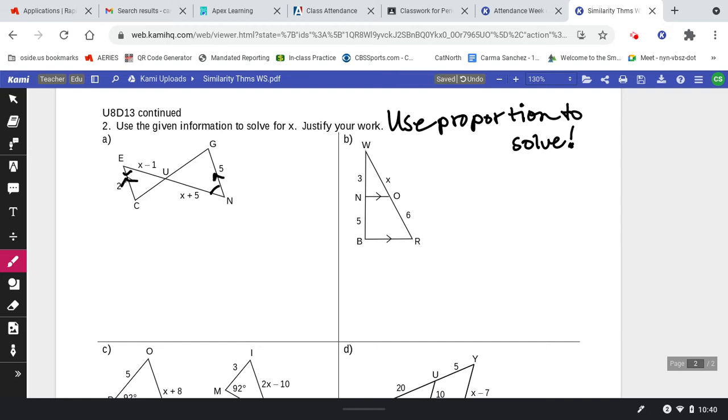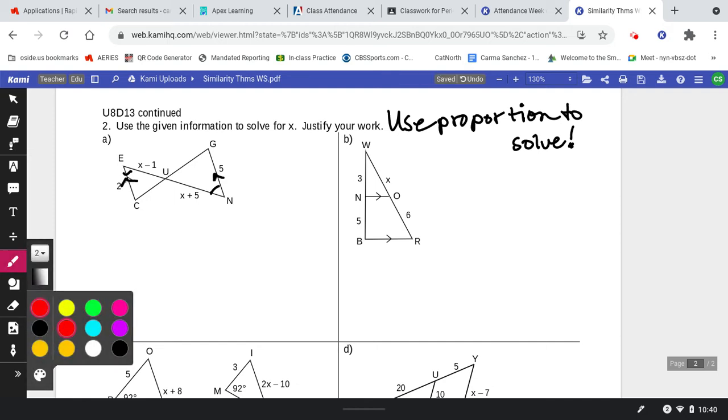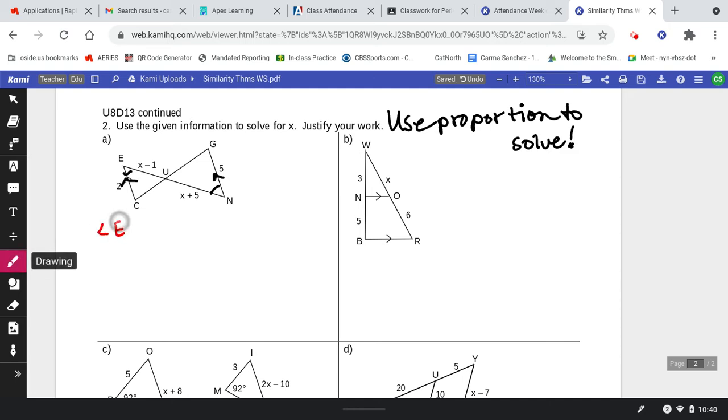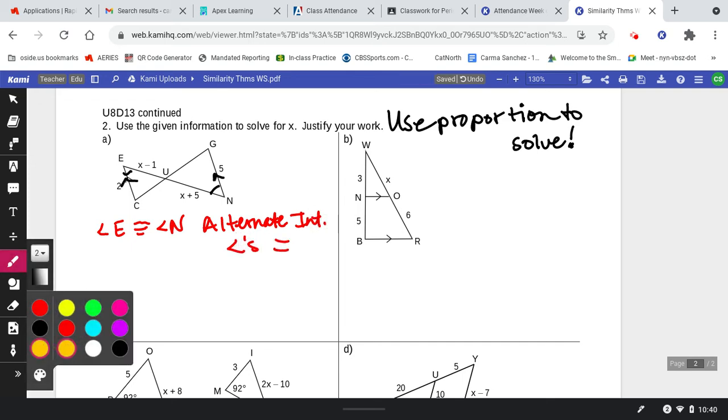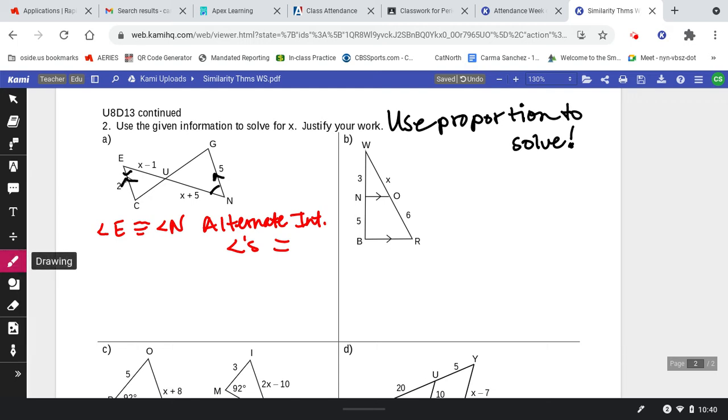So I can say that angle E is congruent to angle N by alternate interior angles being equal. Now this only works when I know that the sides are parallel. So you have to put this mark. They are parallel, so alternate interior angles are equal.